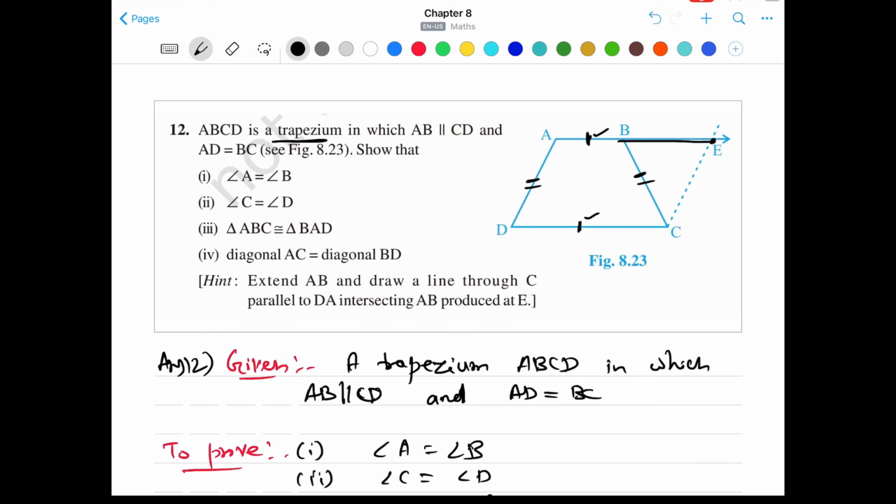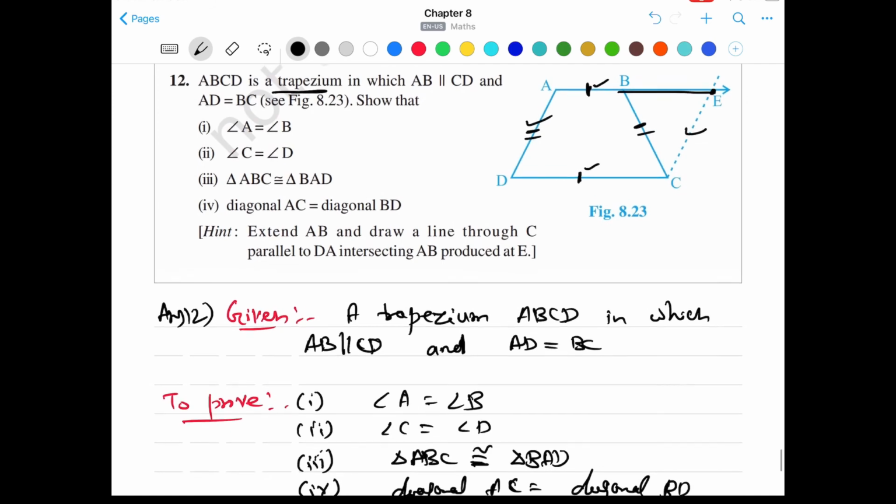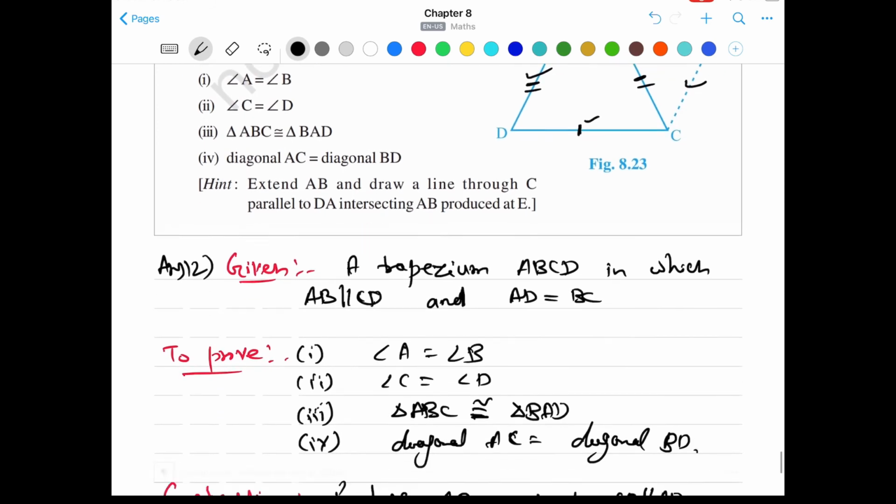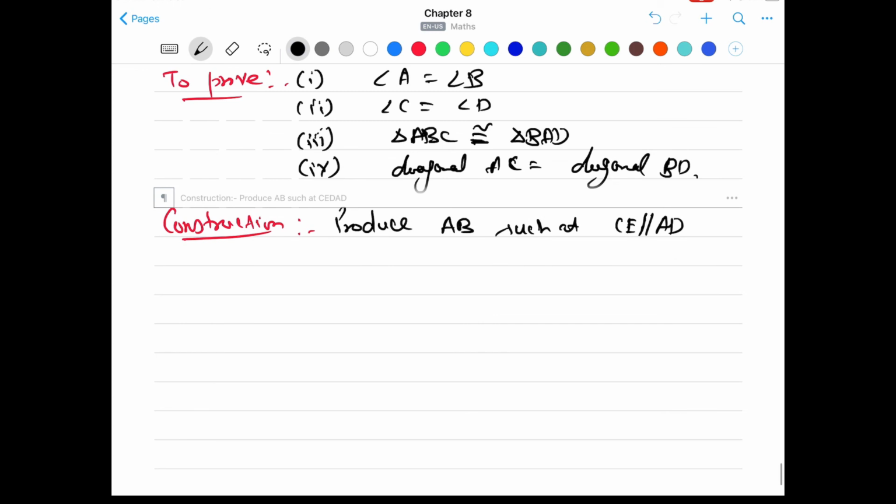So we'll extend this line till point E such that CE will be parallel to AD. Okay, that's what we are doing in the construction here.